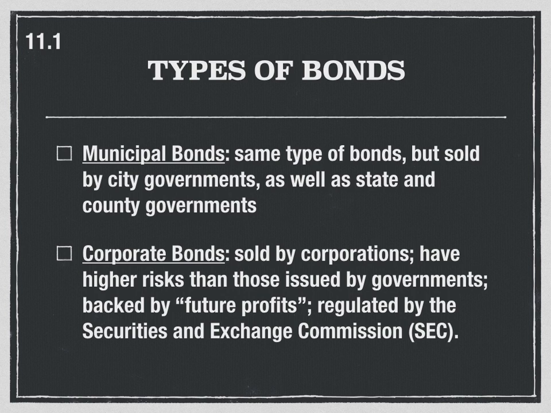But they have the backing of whatever government group sells or issues those bonds. All right, corporate bonds also, of course, sold by corporations. All right, they have higher risk than those issued by governments because companies have a higher risk of going under than governments do.